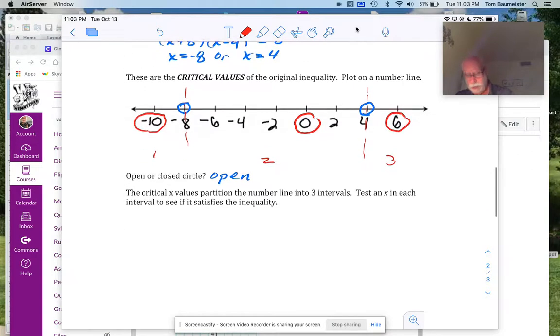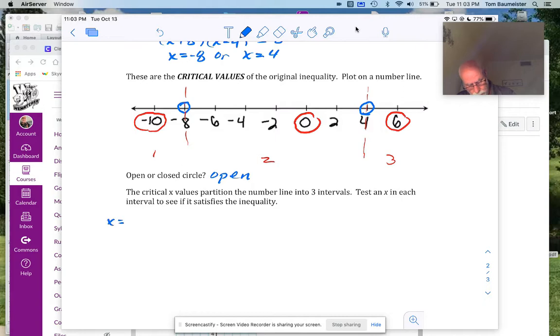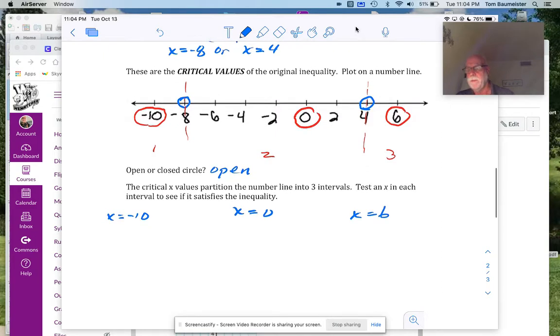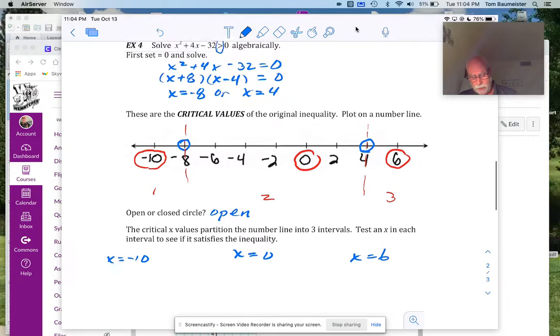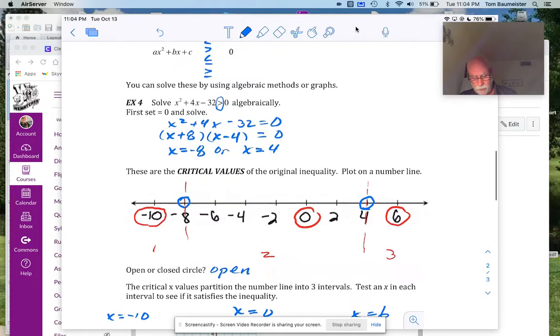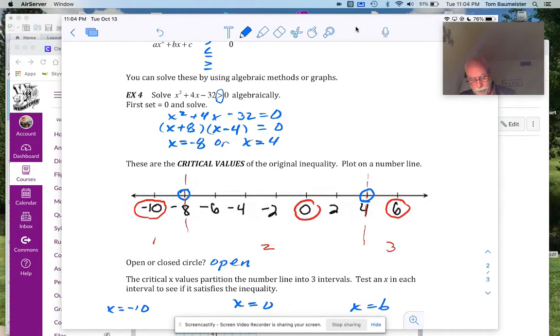Okay, so I'm going to do x is equal to -10, x is equal to 0, and then x is equal to 6. Let's do the hard one first, -10. I'm going to plug it into my equation up here.